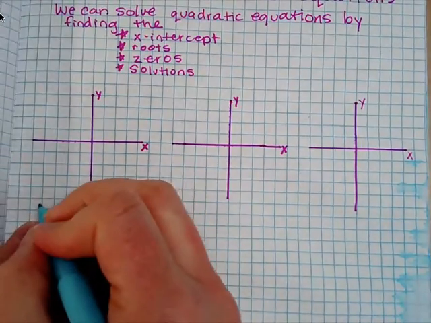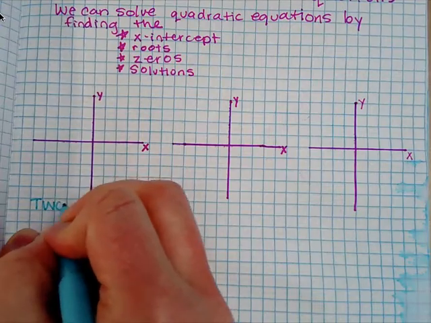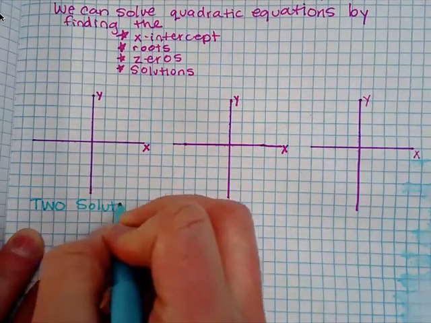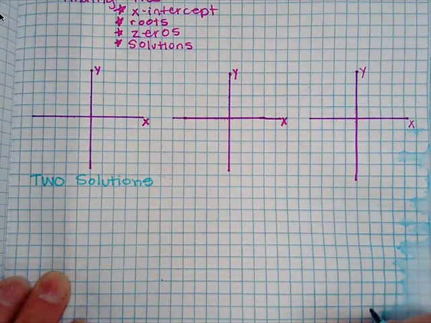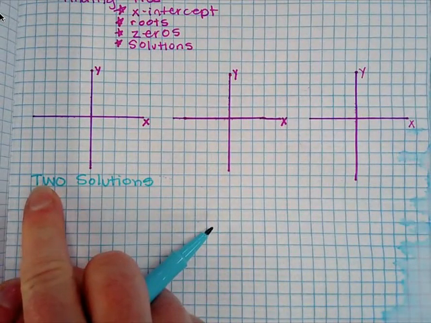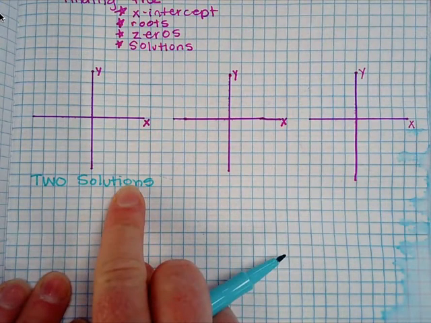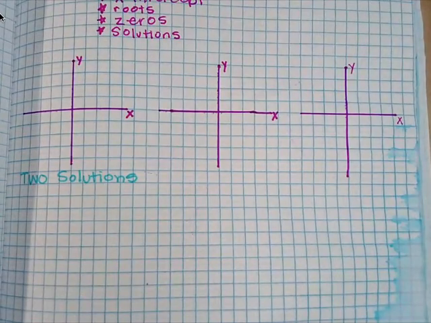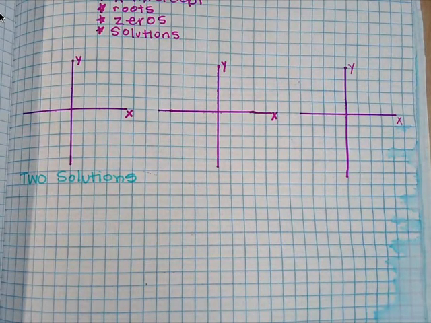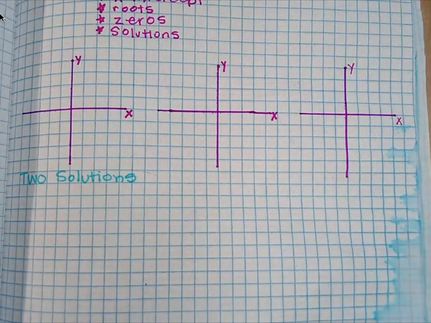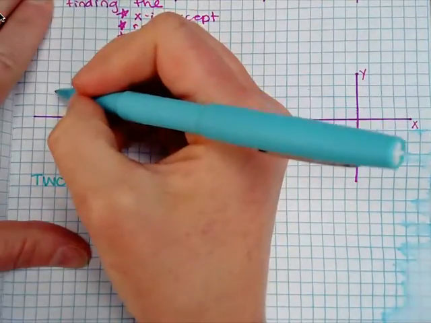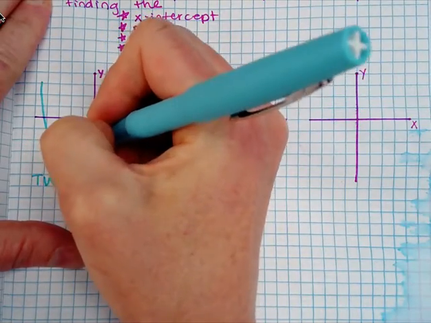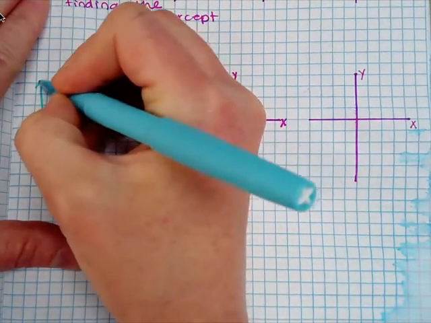Okay, so this first graph, we are going to look at when there's 2 solutions. So right down below this first graph, 2 solutions. When there are 2 solutions, you are going to have a parabola that crosses through the x-axis twice. It doesn't have to be perfect, but I'm going to draw it like that.